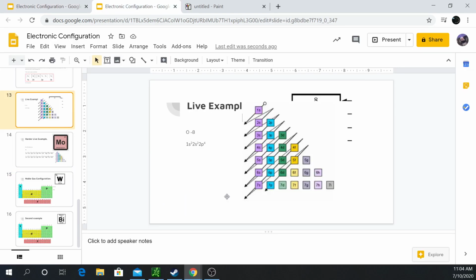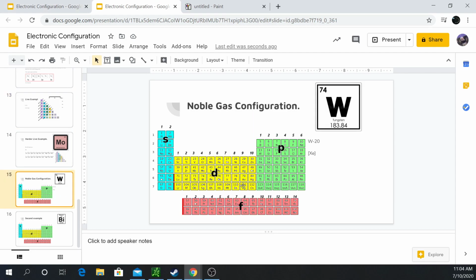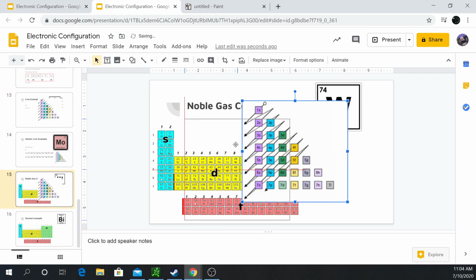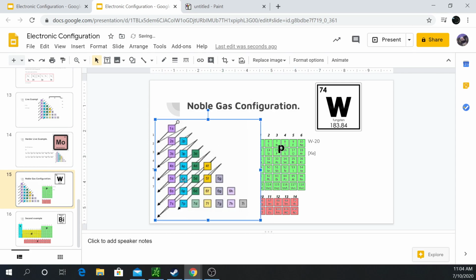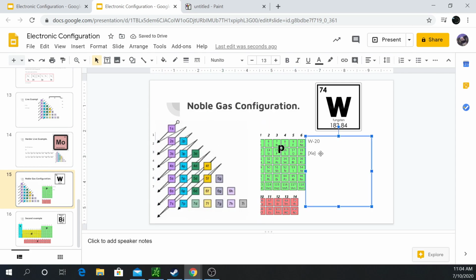So we're going to start it after 5P. 5P is this one right here. So after 5P, we have 6S. So xenon, then followed by 6S, and that can hold 2.